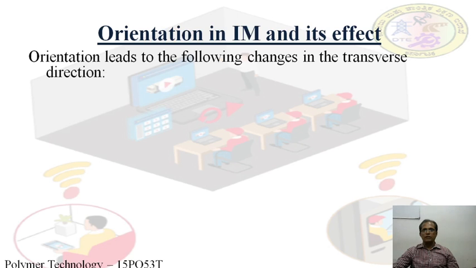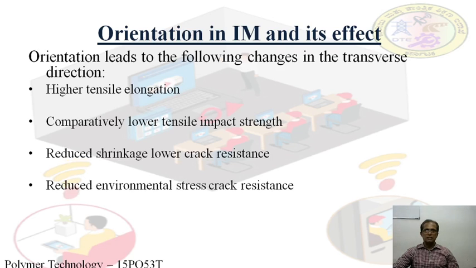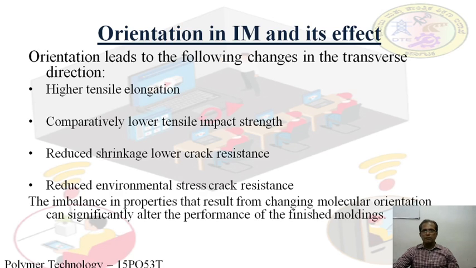Orientation leads to the following changes in the transverse direction: higher tensile elongation, comparatively lower tensile impact strength, reduced shrinkage, lower crack resistance, reduced environmental stress crack resistance. The imbalance in properties that results from changing molecular orientation can significantly alter the performance of finished moldings.